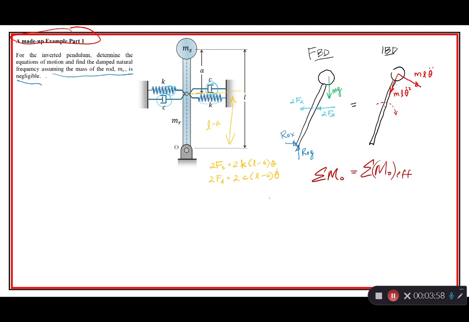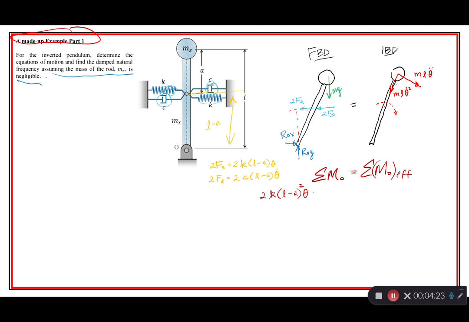So we're going to have, let's go the spring first, 2 times k times L minus a times theta. That's the force, but we need the moment arm that passes through. And so that's going to be L minus a, so that's squared.